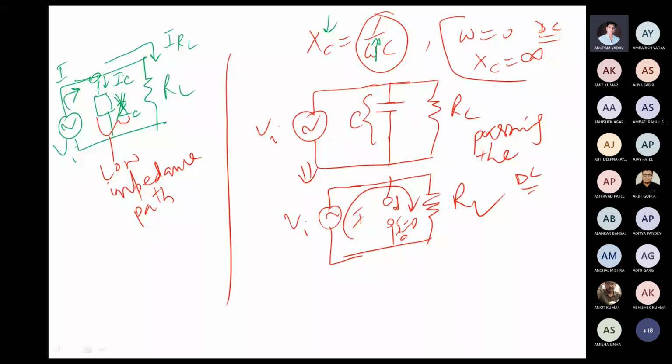A major part of the varying signal is getting removed from the output, whereas it is passing the DC signal through it. So that's what we mean here. These properties are being used in this.